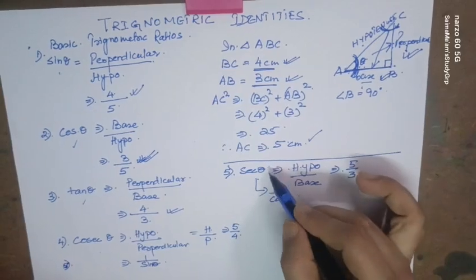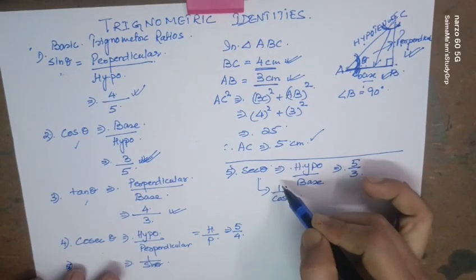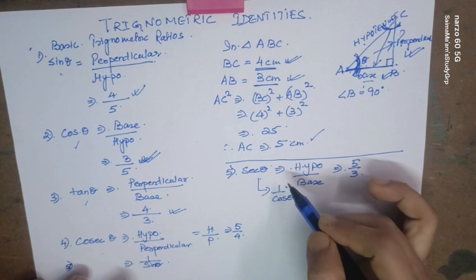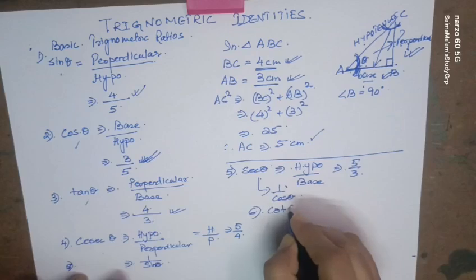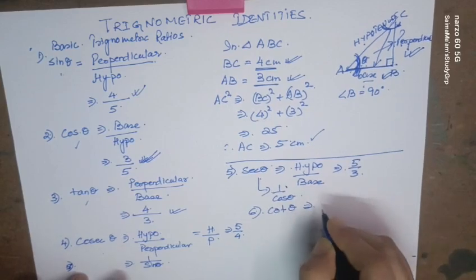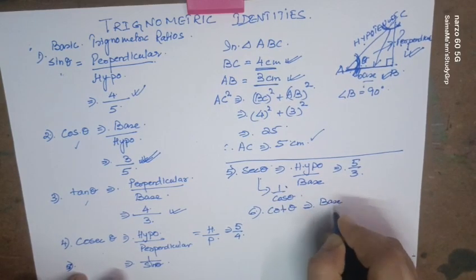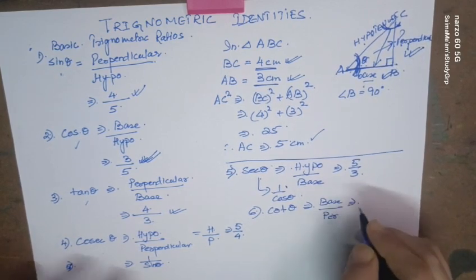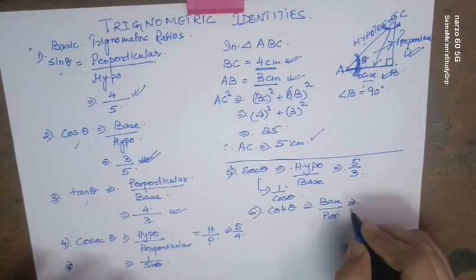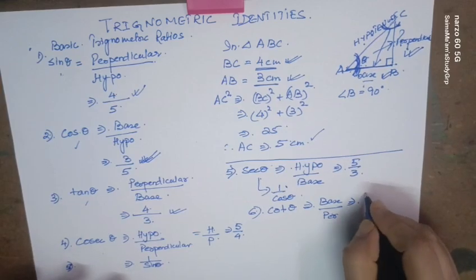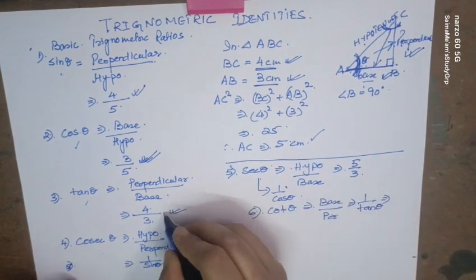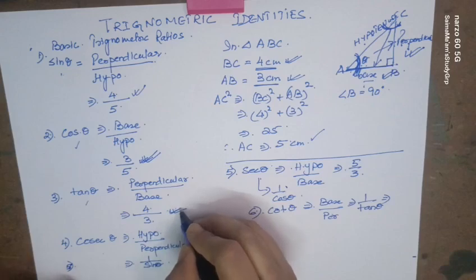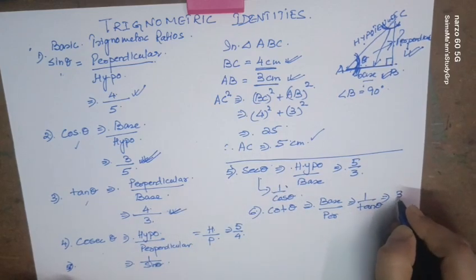And the last one is your cot theta. Cot theta will be base by perpendicular, and that can also be written as 1 by tan theta. So you see, tan theta is 4 by 3, and 1 by tan theta is 3 by 4.